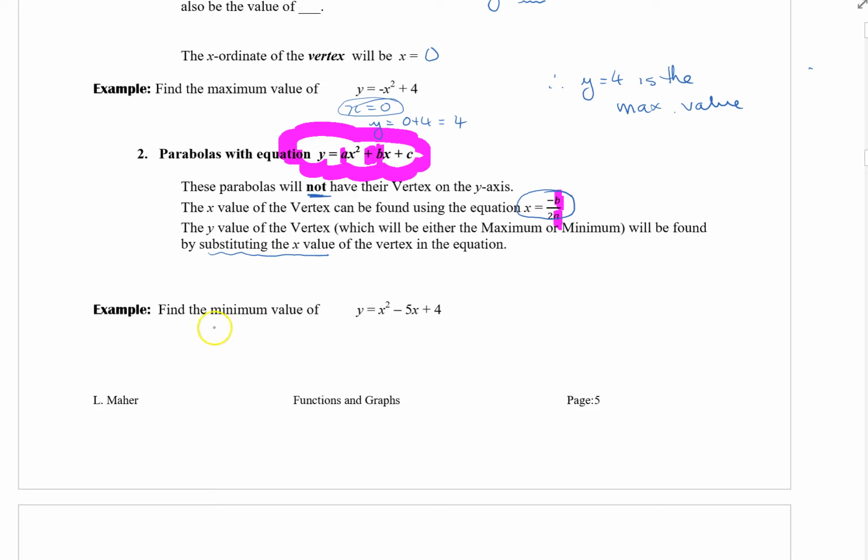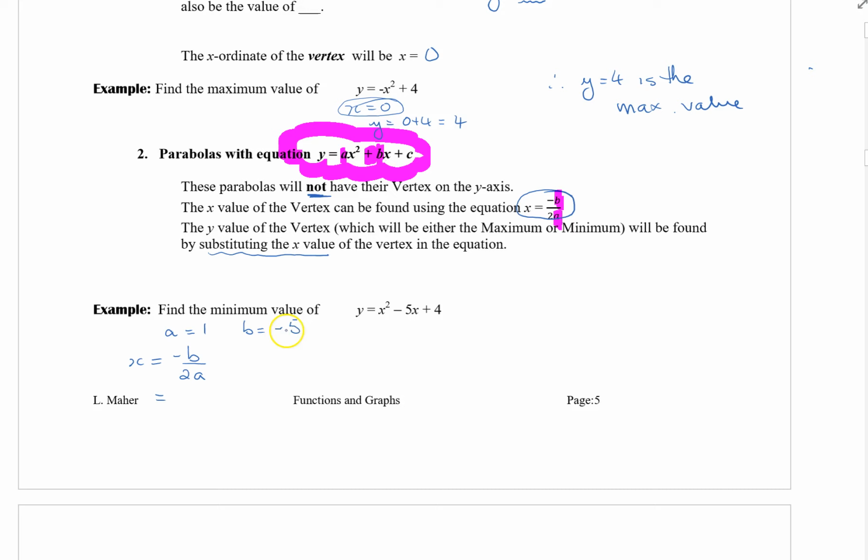So the first thing we need to do is to establish the values of a and b. a is the number in front of the x squared, and in this case it's 1. b is the number in front of the x, and in this case it is negative 5. Using this little formula here, minus b on 2a will give us the x-ordinate for the vertex.